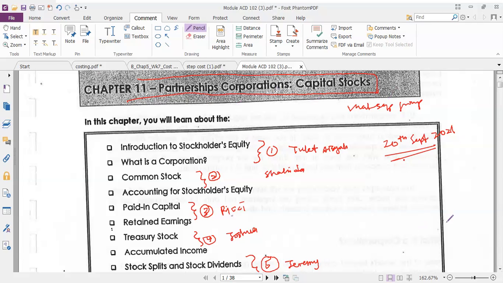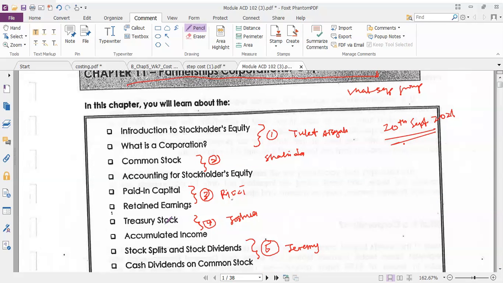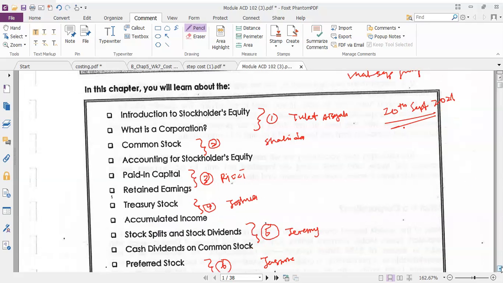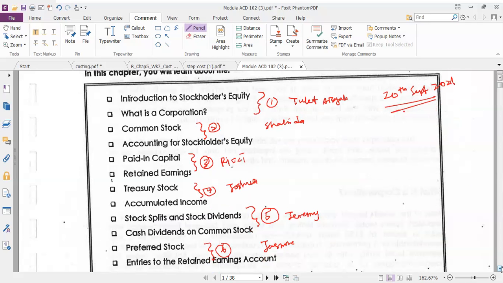Joshua, you dekat subtitle yang keempat, iaitu treasury stock dengan accumulated income. Take note tau. Saya tak ingat ni. You all punya nombor berapa, so nanti senang nak buat assignment.